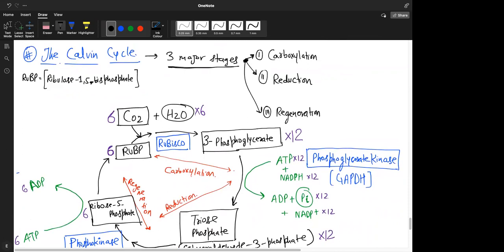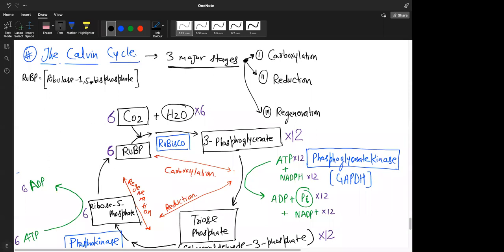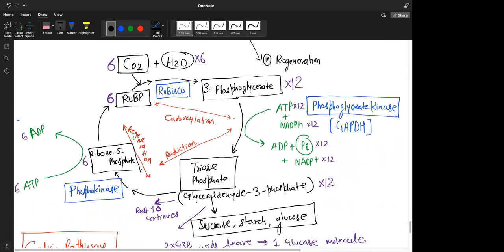Yes, sir. So Calvin cycle consists of 3 major stages. It is the dark reaction. So it is carboxylation, reduction, and regeneration. First of all, the inputs that we have, carbon dioxide and water.